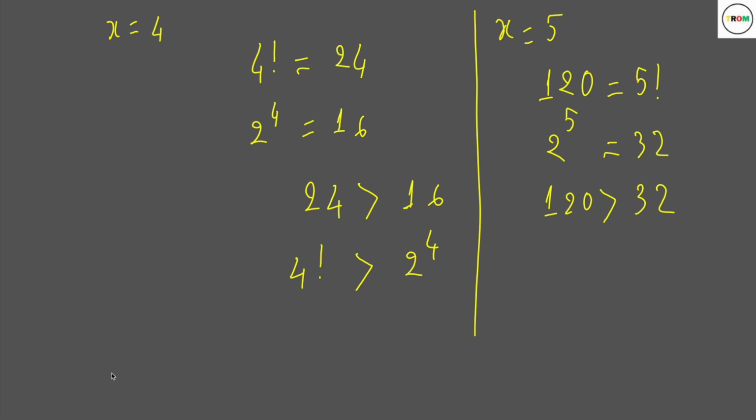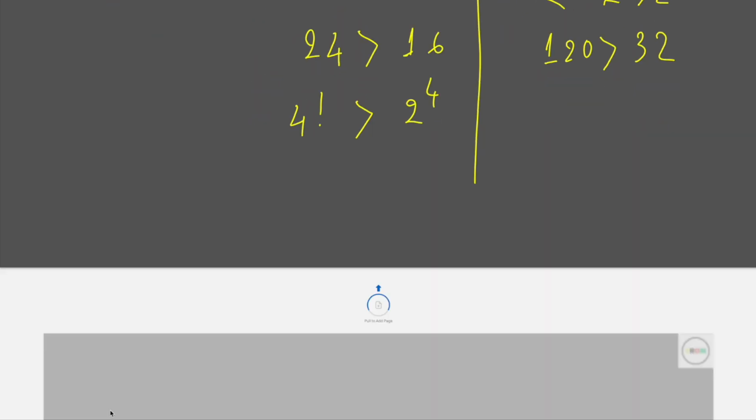Now we go back to the first assumption. On the left hand side, the number of factors is x. And on the right hand side, the number of 2s also equals x.